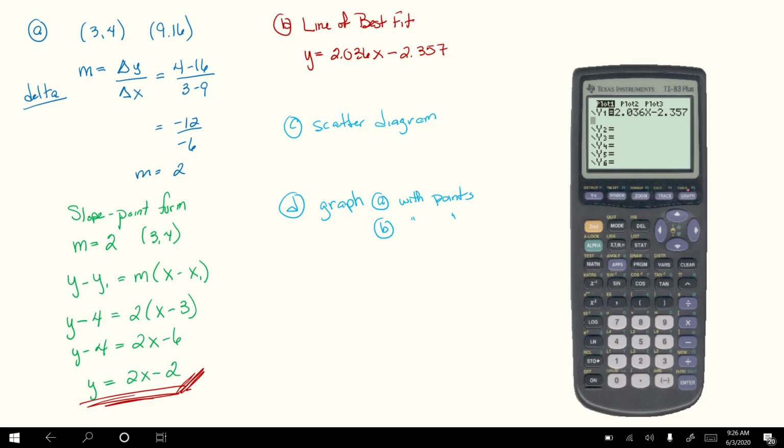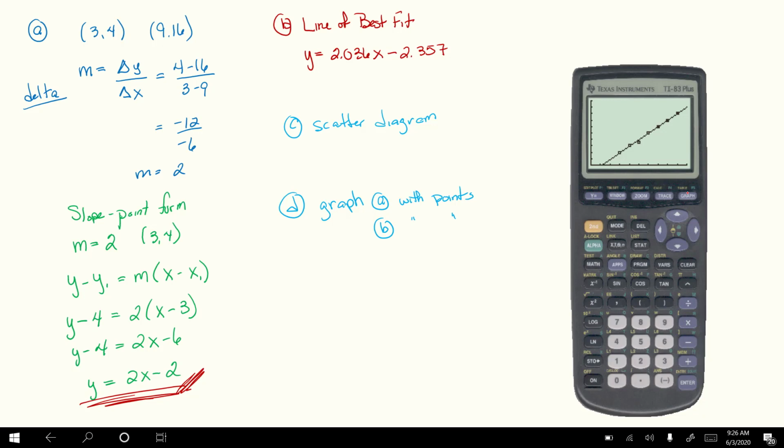Okay, and then I'm going to hit graph again. And this is what that line looks like. Remember, those lines were pretty close. And if you have one of the newer calculators with colors, you could put both of these equations in and see the difference between where the lines are hitting those points. They're probably pretty close to each other, I would say.